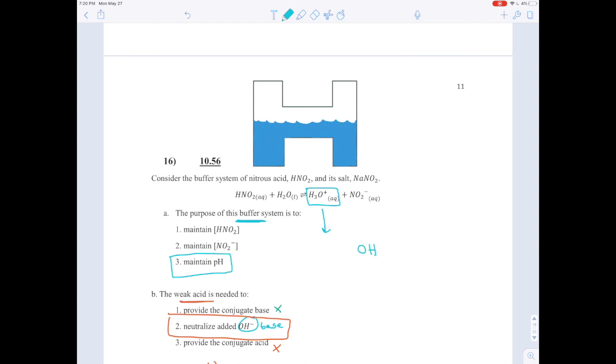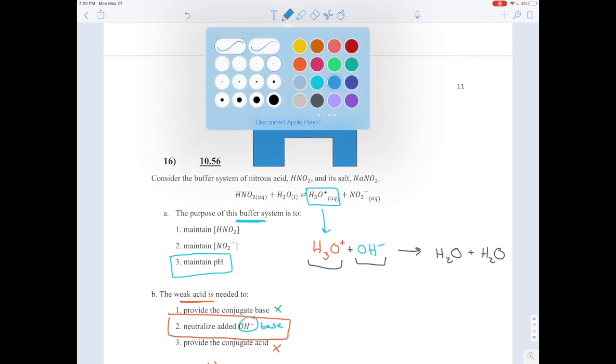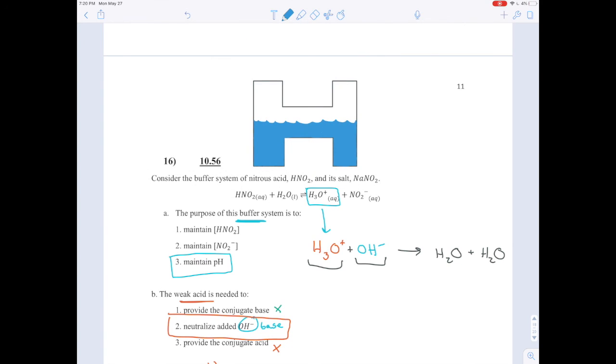When the OH- reacts with the H3O+, it destroys it. It turns it into 2 separate water molecules. One of the H's goes over here, and that gives you 1 water molecule, and then what's left is the other water molecule. In other words, the OH- takes this H3O+ out of the solution. H3O+ is a product, so this would be like removing products.